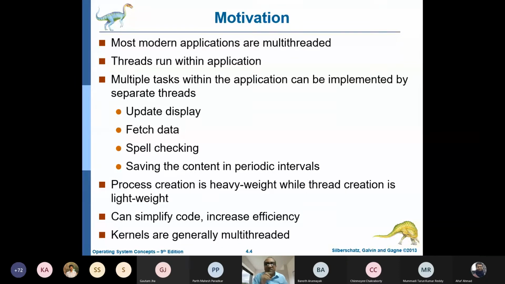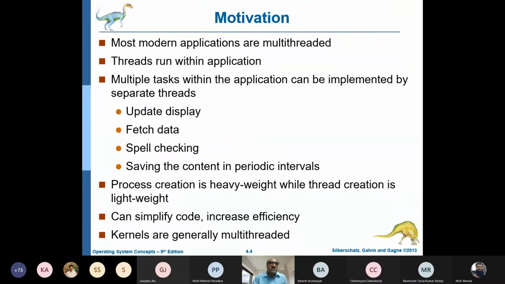Whereas a process is nothing but the execution of a program. We saw in the last class an example like a word processor, which can be viewed as a multi-threaded process. With one thread, it can handle the user inputs. With another thread, it can take care of the display, and another thread may be for spell check.